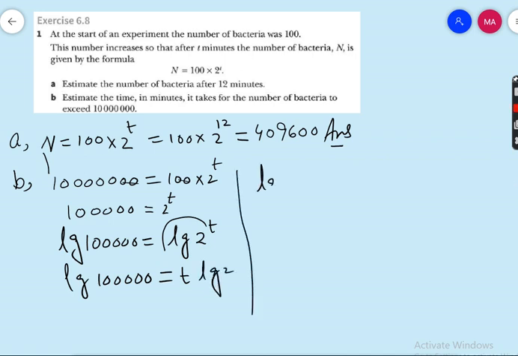Now lg 12345 upon lg 2 gives you the value of t. Now it's time to use the calculator, because in a scientific calculator, lg or log always means base 10. So just push the button of lg.